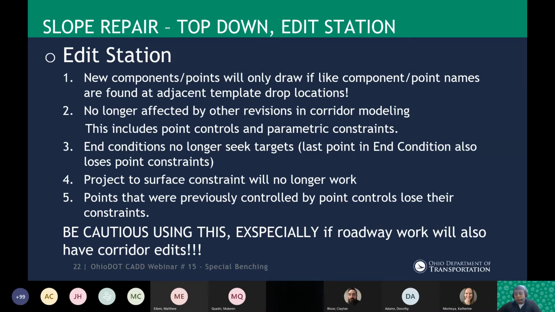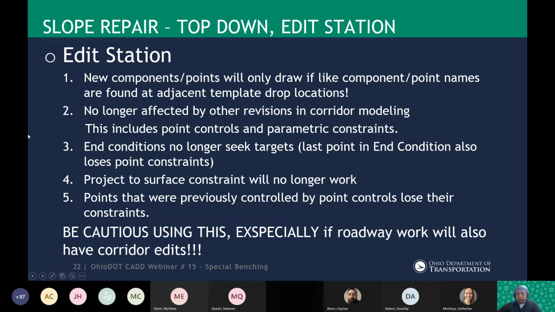The revisions to your corridor modeling after you add edit station are pretty much neglected at that station. So if you edit a station and then come back later and do a point control or parametric constraint, it's going to apply that parametric constraint everywhere except that edit station, because it's going to get to that station and say, oh, you wanted this station to be specifically like this. So it gets away from using corridor edits.